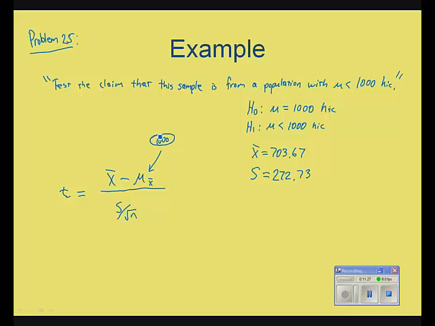That's the thing I'm testing, in a sense. Basically I'm saying, look, my sample mean is 703.67, and I'm comparing that to 1,000.